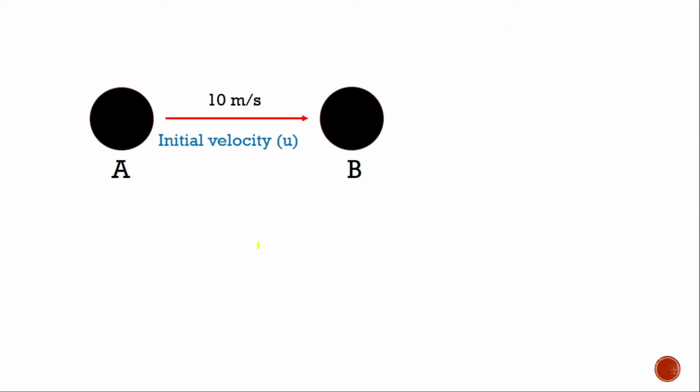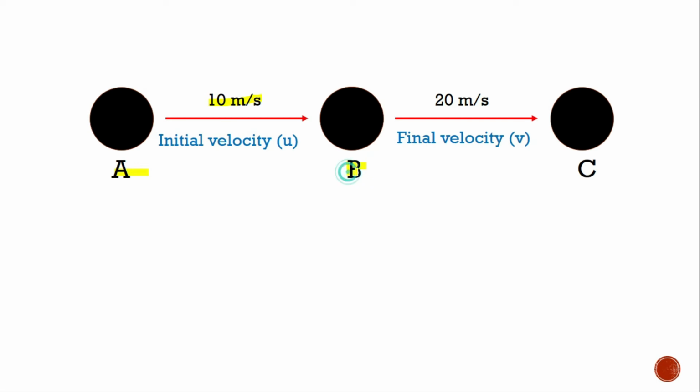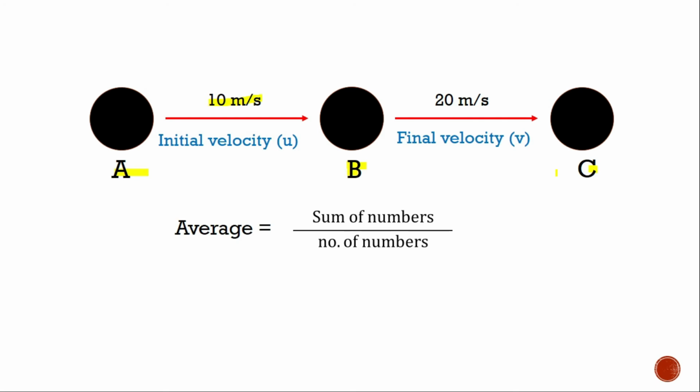Just suppose an object moves with an initial velocity of 10 meters per second for a certain time from point A to point B, and then it changes its velocity to say 20 meters per second from point B to point C. Now if we need to express the overall velocity of this object from point A to point C, we would have to find its average velocity, which can simply be done by using the formula to find the average, where we add the numbers and divide by the number of numbers.